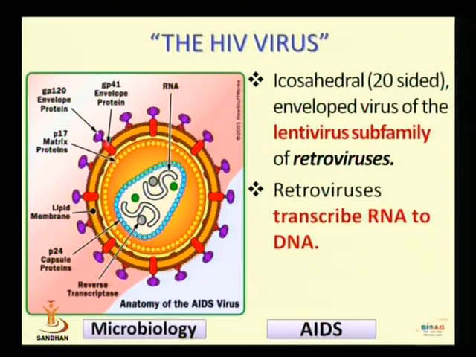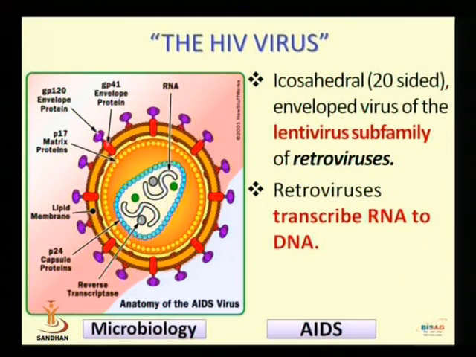Now let us discuss in brief the HIV virus. This virus is an icosahedral virus. Icosahedral, as you know, is a type of symmetry very common among viruses. It has 20 sides.